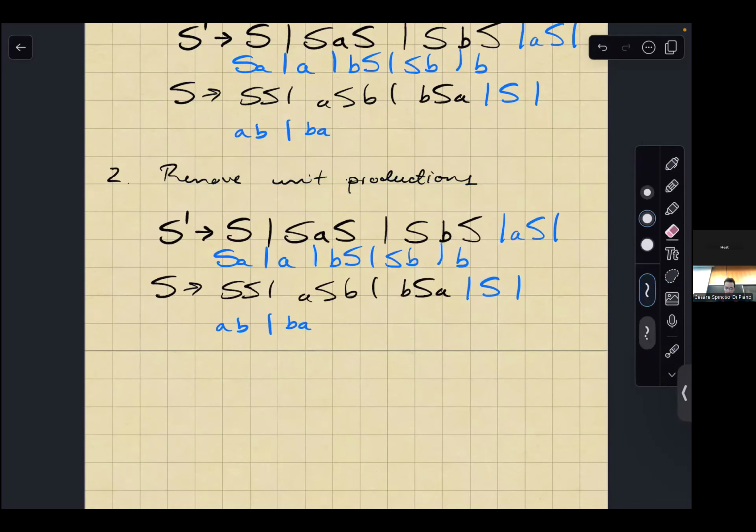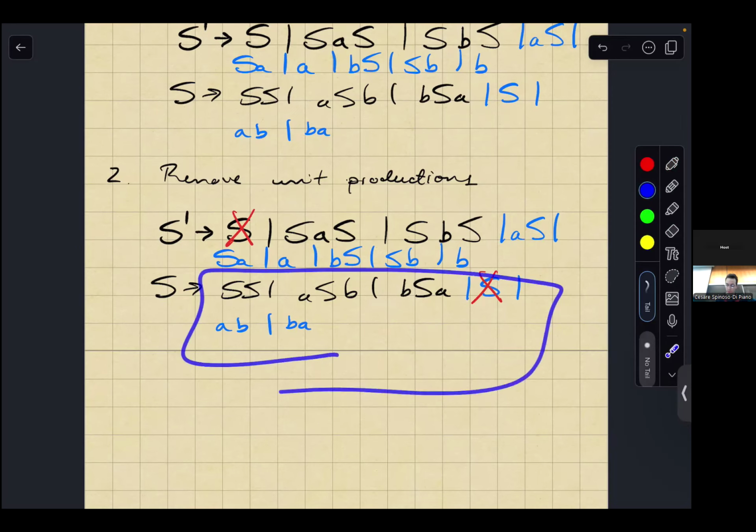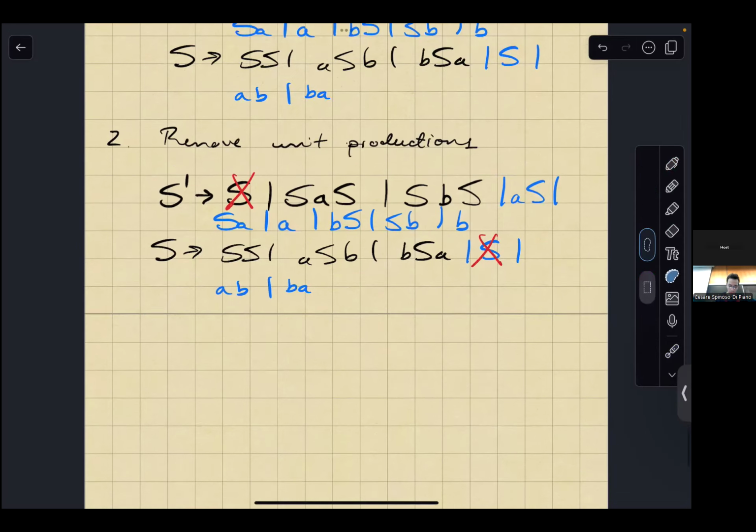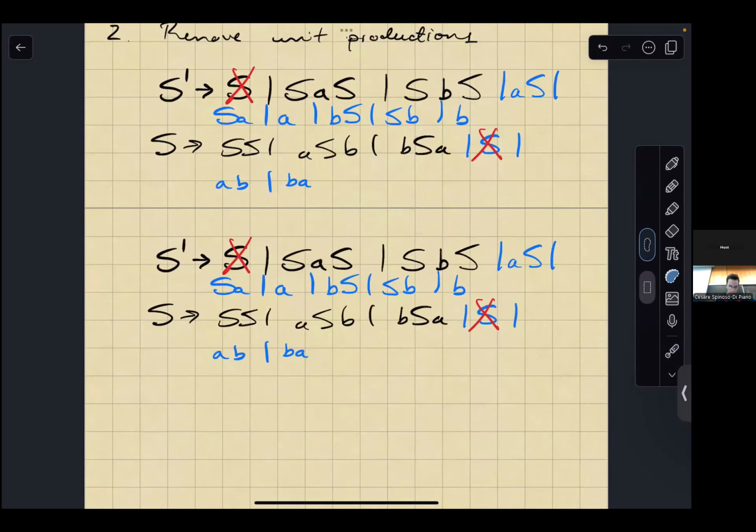There's one very easy one that I can immediately eliminate, this guy: S gives me S. That's just useless to have, so let's just take that out. The other one that's a bit less easy to remove is this one, because if I remove S prime gives me S, I have to add back to S prime all of these production rules. So let's do that here.